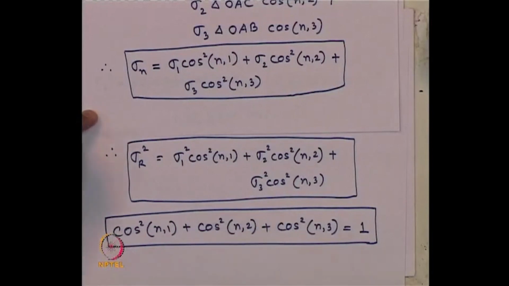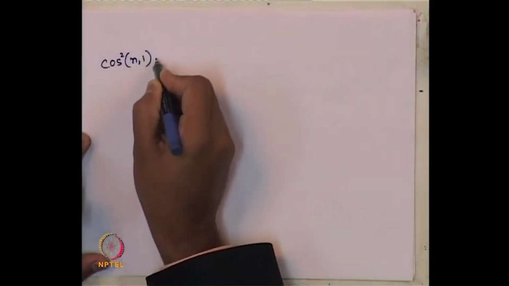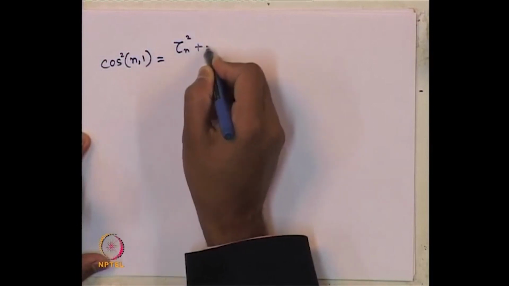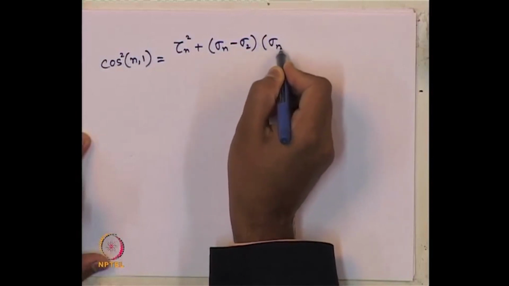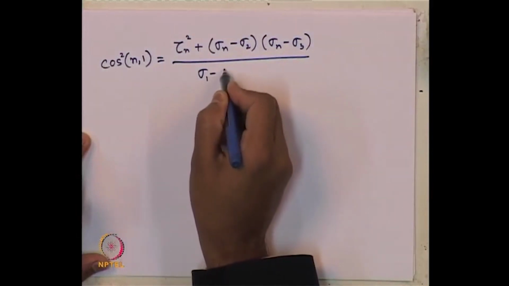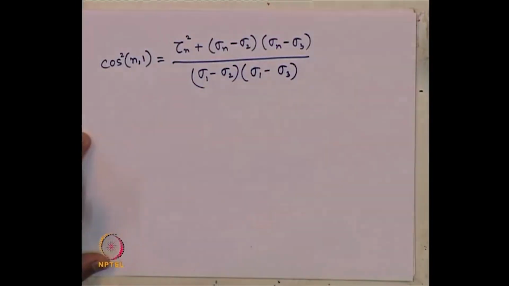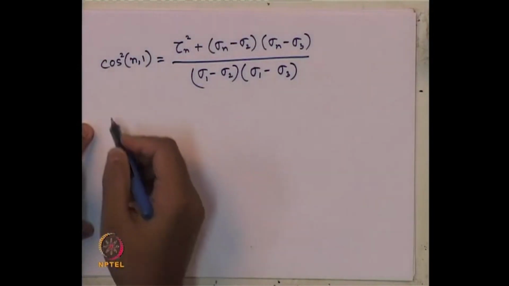Using them, now we can simplify these three and write that cosine square n1 is tau n square plus (sigma n minus sigma 2)(sigma n minus sigma 3) divided by (sigma 1 minus sigma 2)(sigma 1 minus sigma 3). On simplification, one can get this expression using those three relations.